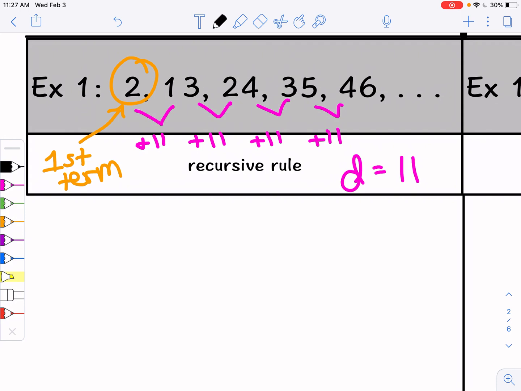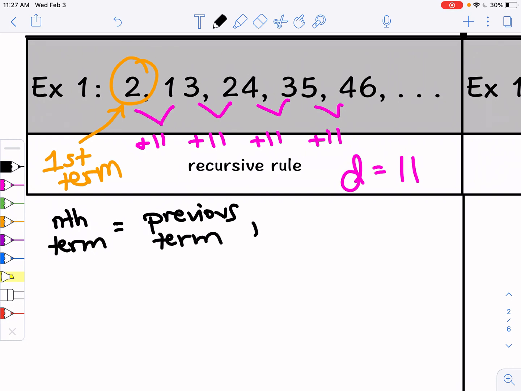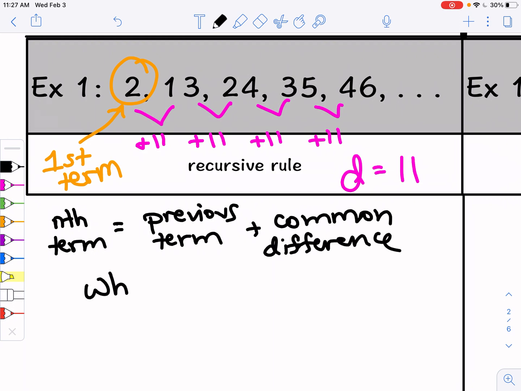So to write a recursive rule, we need to know the one before. So I'm going to write this to remind us. The nth term equals the previous term plus the common difference, given the first term.